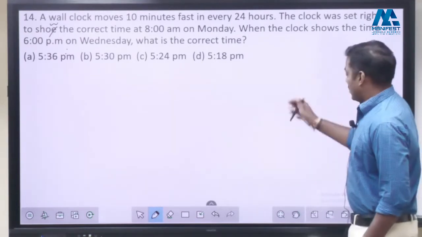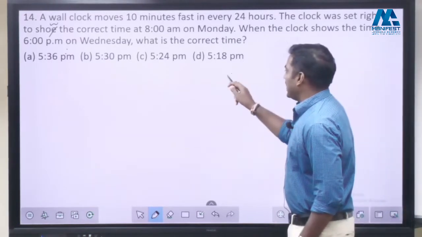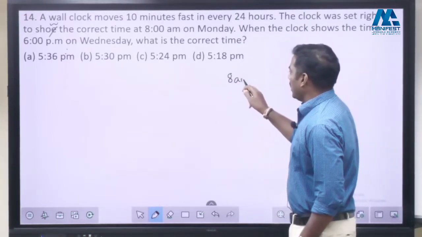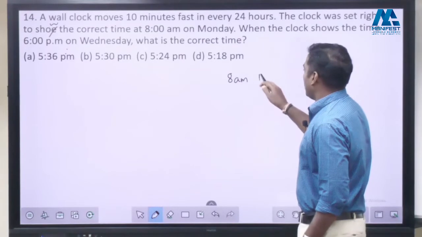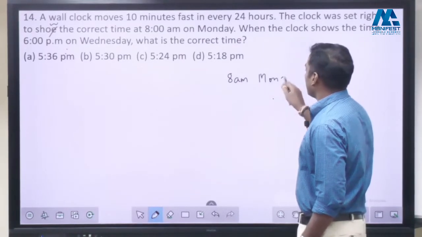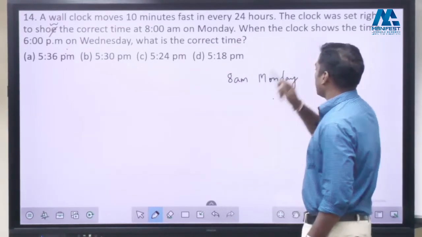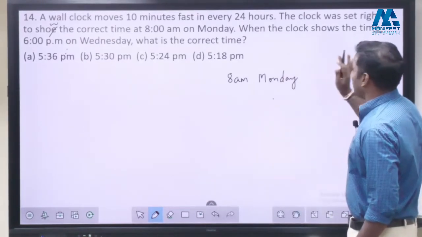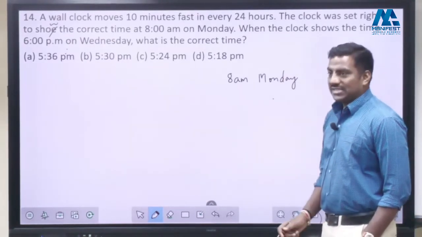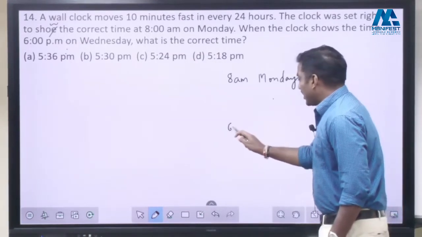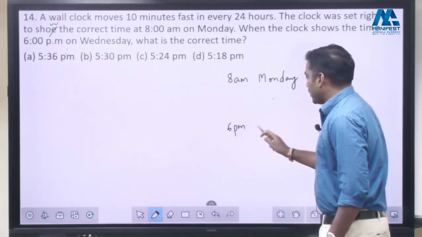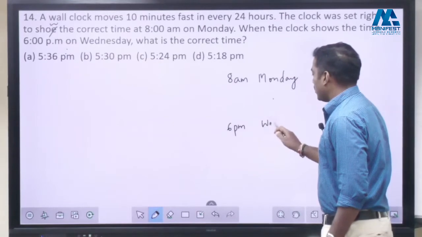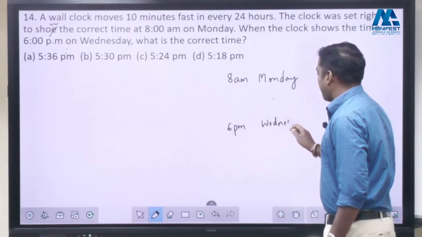Actual setting has been done at 8 a.m. on Monday. And they are asking when the clock shows the time 6 p.m. on Wednesday. So this defective clock has to show 6 p.m. on Wednesday.